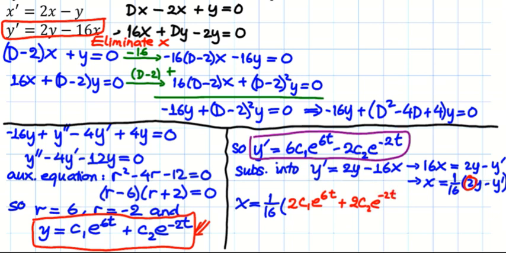And then subtract the derivative: minus 6 c1 e to the 6t, and then we minus a negative, so it's a plus 2 c2 e to the negative 2t.